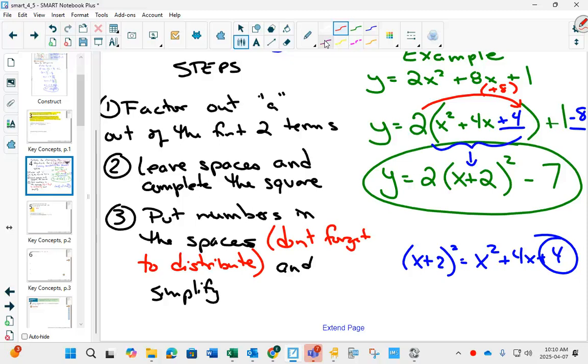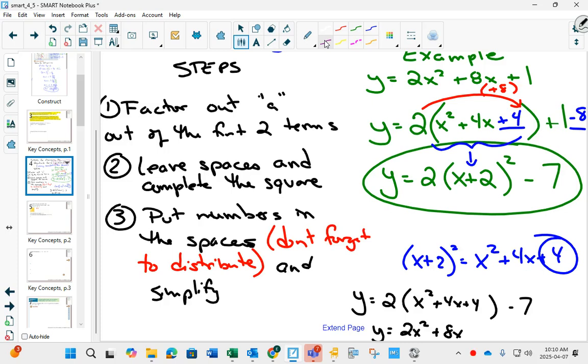And you can always check if you took your final answer and multiplied it out. Right? If I took this and multiplied it out, this would be y equals 2. Well, I already figured out this looks like that. And then if I distribute my 2, I'm going to get 2x squared plus 8x. 2 times 4 is 8. 8 minus 7 would be plus 1.